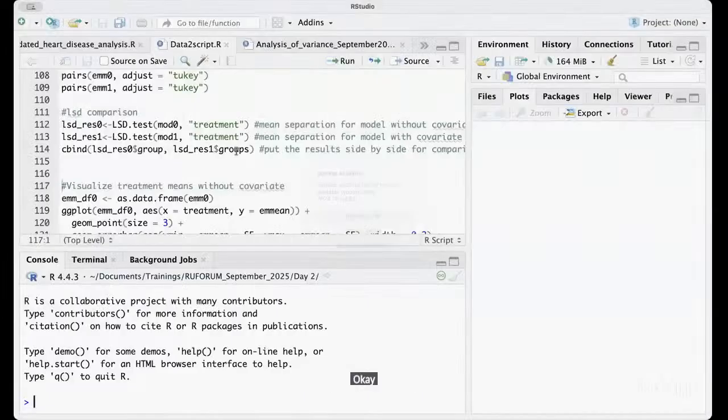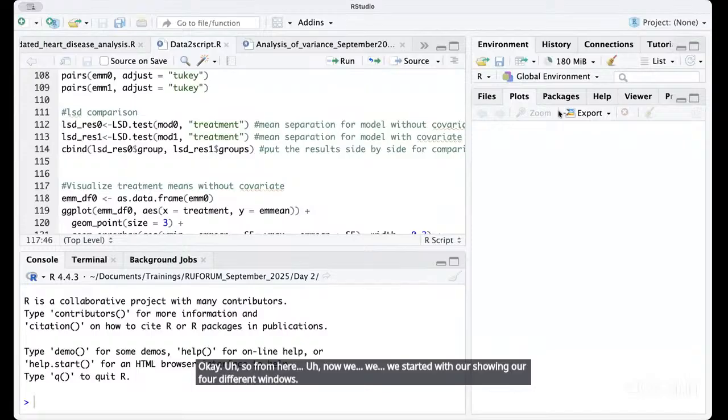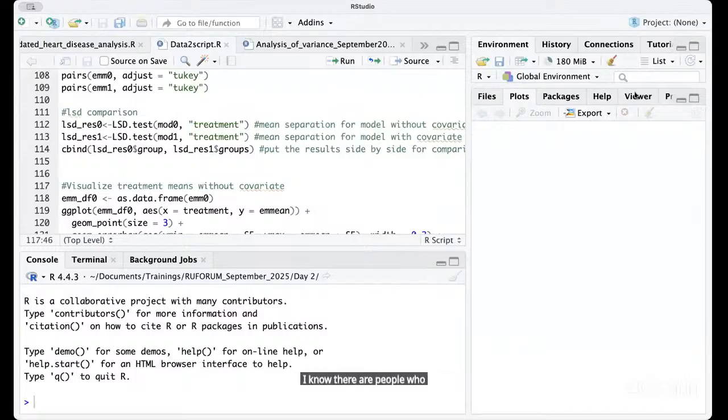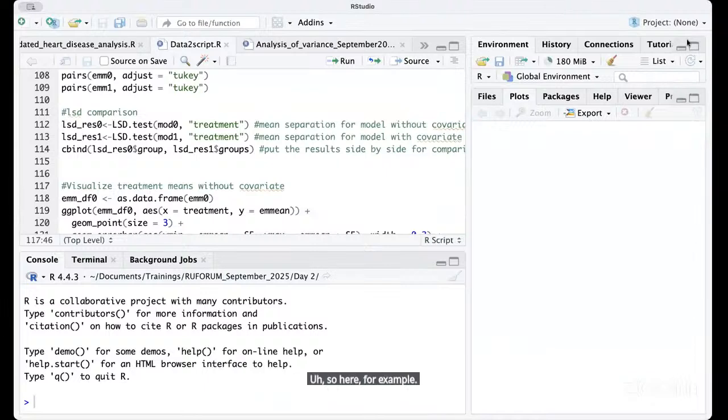Okay. So from here, we started with showing our 4 different windows. I know there are people who are struggling a little bit with some of the windows disappearing. So here, for example, I have my 2 windows on this side seeming to collapse on each other.